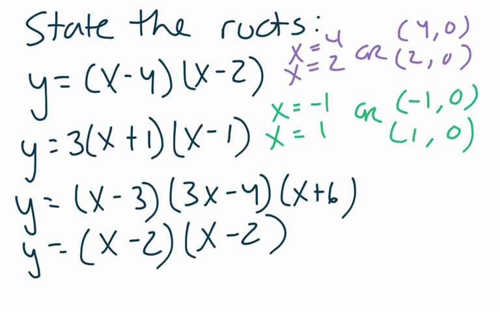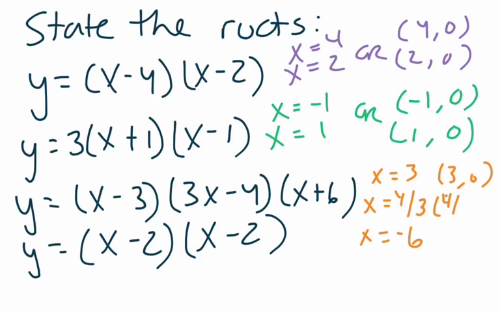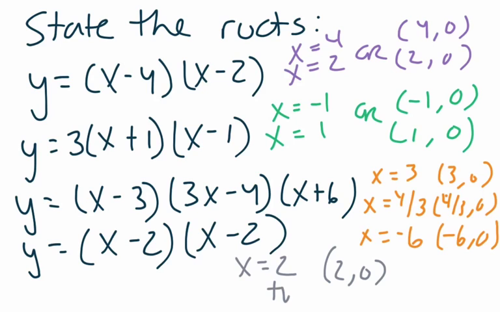For the third one, we have x equals 3, x equals 4 thirds, because you're going to add 4 and then divide by 3, and x equals negative 6, and of course that's 3, 0, 4 thirds, 0, and negative 6, 0. And for this last one, x is equal to 2, or the point 2, 0, and notice that it appears twice. So you're actually getting the same root twice.